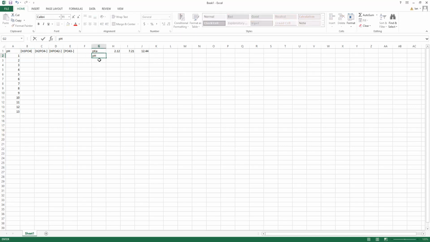You'll just have pH minus pKa. And we can do that in this column. So then we'll say this is equal to the pH minus the pKa. And here that's going to give us this 1.12 that we're going to want to use to substitute into all of these equations. Now, we can make this easy for ourselves.